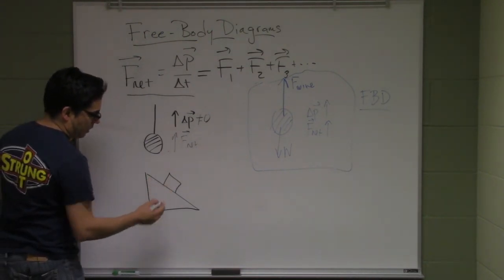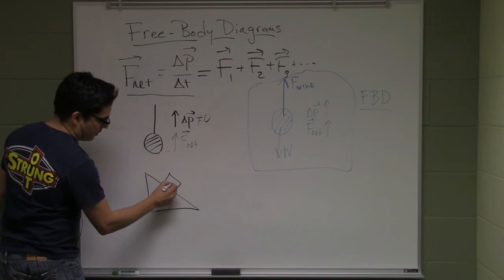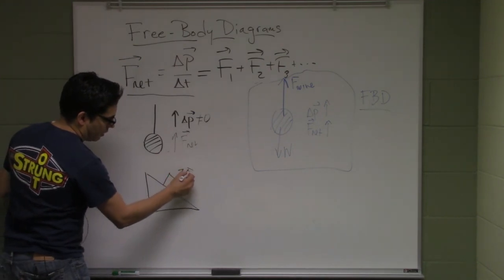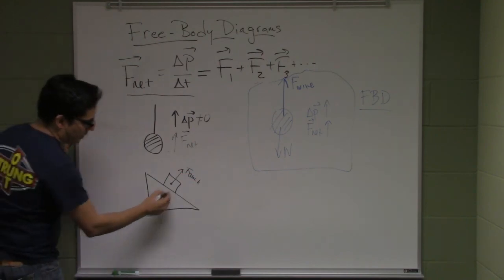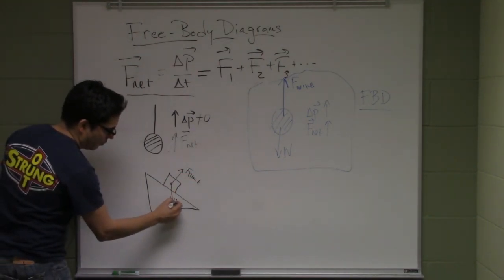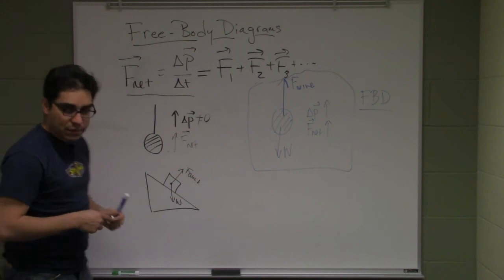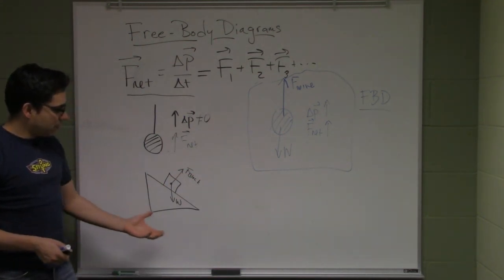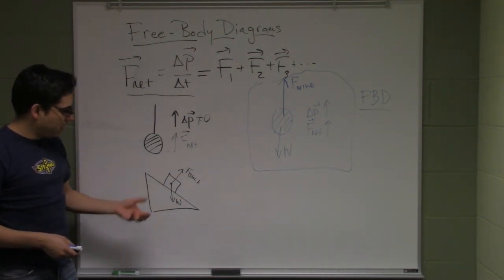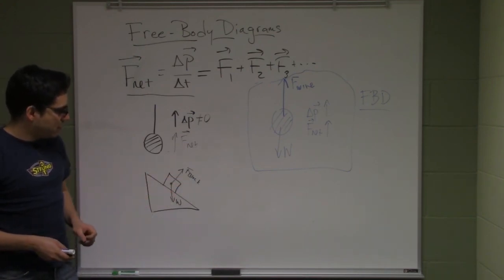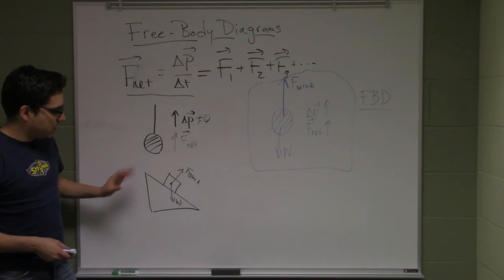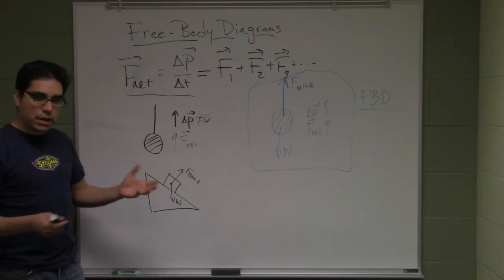For example, if there's no friction here, there's an interaction with the block pushing perpendicular to the surface. There is an interaction due to the weight, which points down. And depending on what the block is doing, whether it's accelerating upward or downward or so forth, you'll have a relative difference in the strength of these two forces. I'll leave that as something that you'll work on in your homework as well as in class.